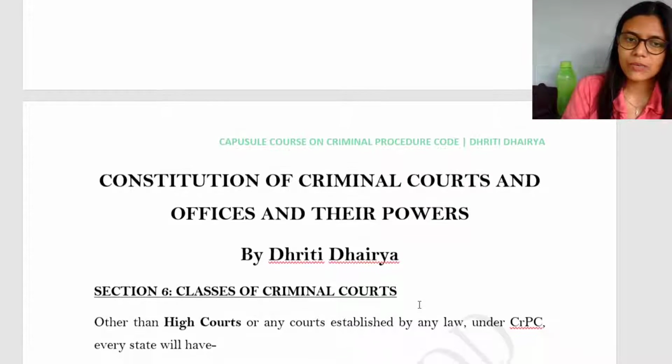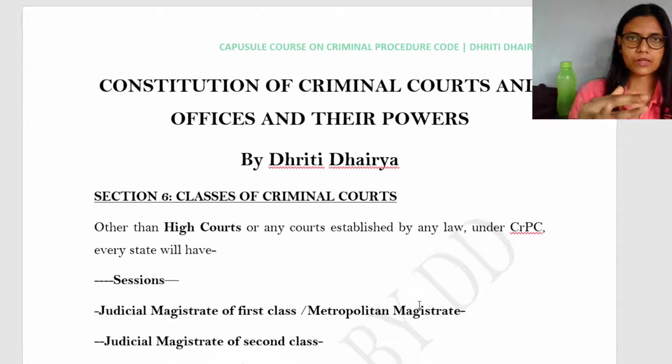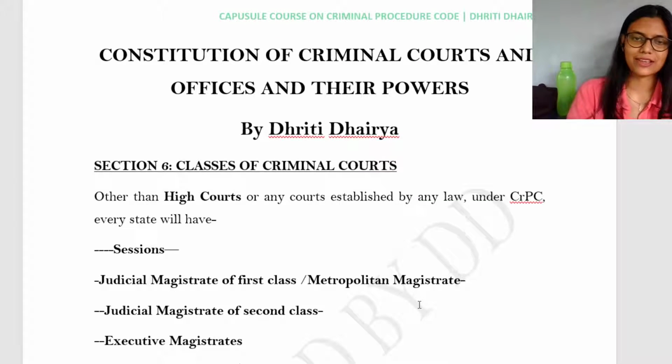The first thing that we see here is section 6. Section 6 is telling us about the classes of criminal courts. In one state there is a high court and there may be many courts, but for the purpose of CrPC, you have the sessions court, then you have the judicial magistrate of the first class or a metropolitan magistrate, then a judicial magistrate of second class and an executive magistrate.